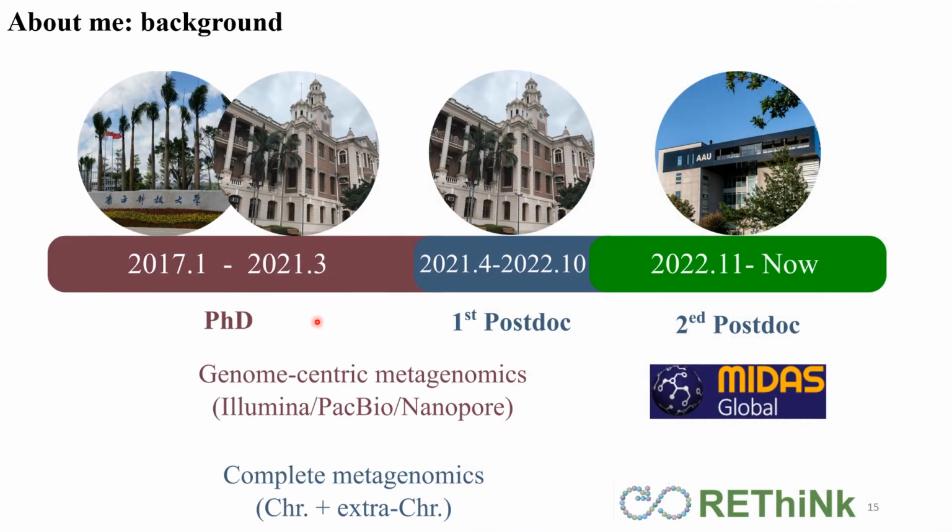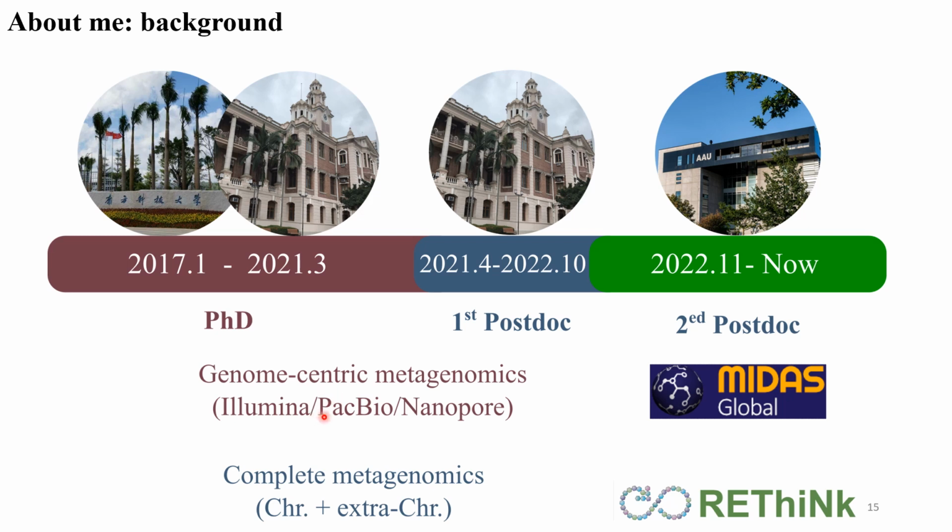I completed my PhD degree at Hong Kong U in 2021 and continued as a postdoc in the same lab for another 1.5 years. During my research, I primarily focused on genome-centric metagenomics.